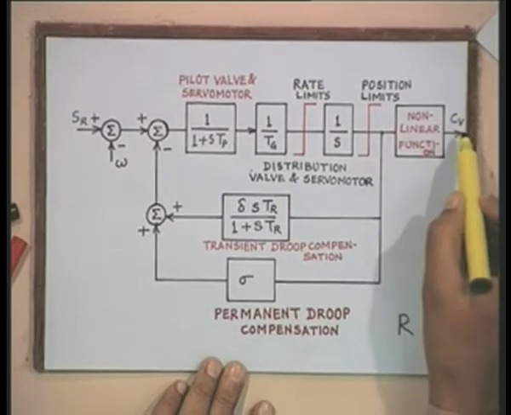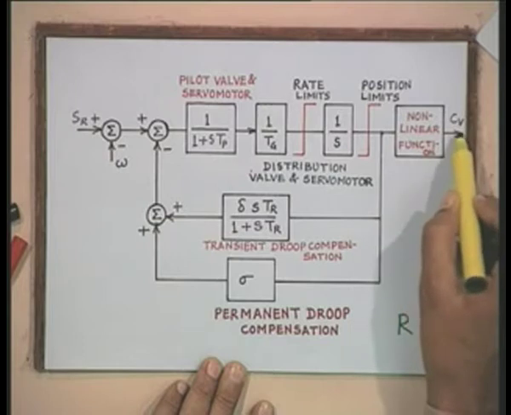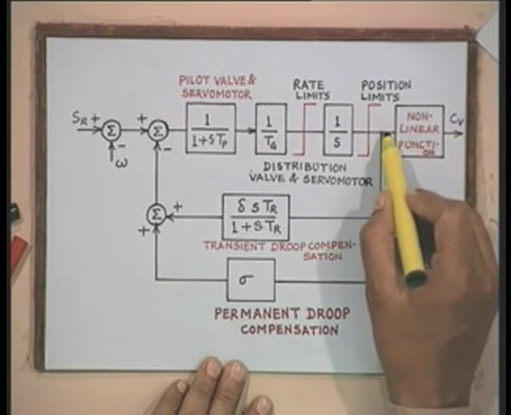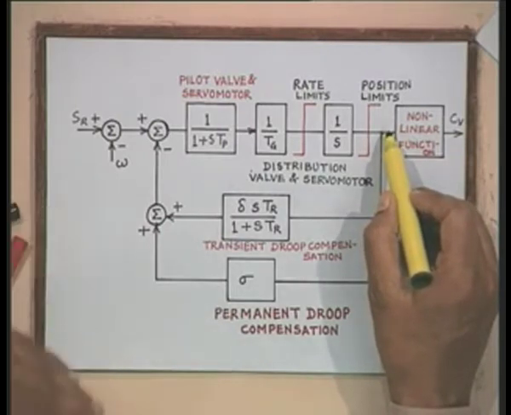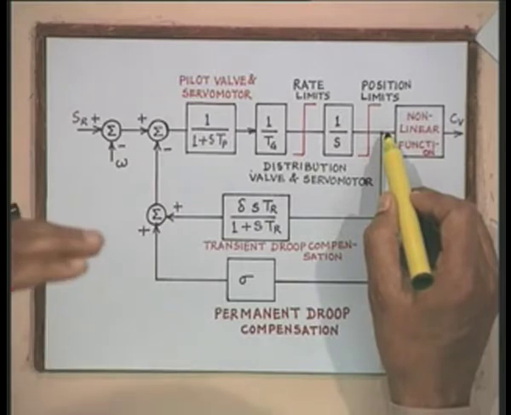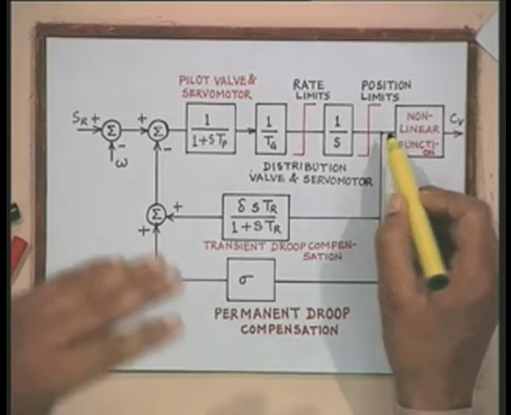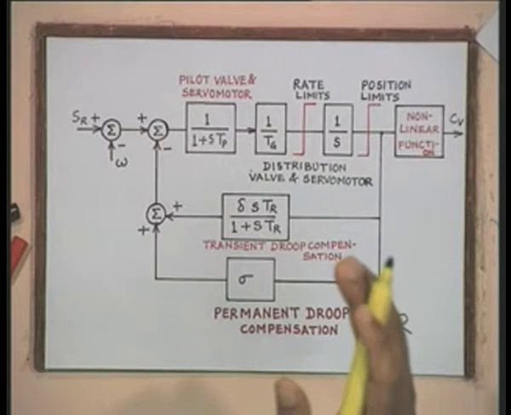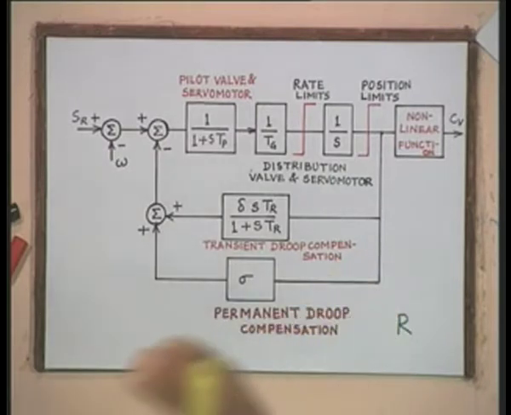Again, you can see here there exists a non-linear function to relate the gate position to the hydraulic servo motor position. That is, when the hydraulic servo motor piston moves, it moves the gates, and the movement of gates and the movement of the servo motor are again related by a non-linear function. Therefore, this shows the non-linear function.